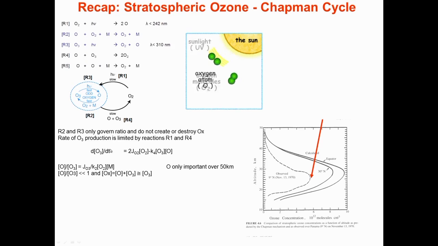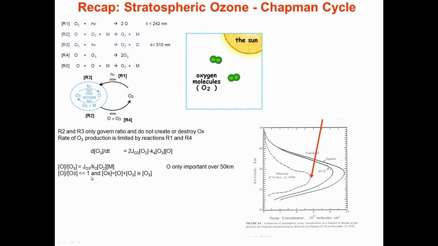So d[O3]/dt is twice the rate of photolysis of molecular oxygen minus the recombination rate of ozone plus atomic oxygen. The ratio of the two odd oxygen species, atomic oxygen and ozone, is just determined by the production divided by K2.